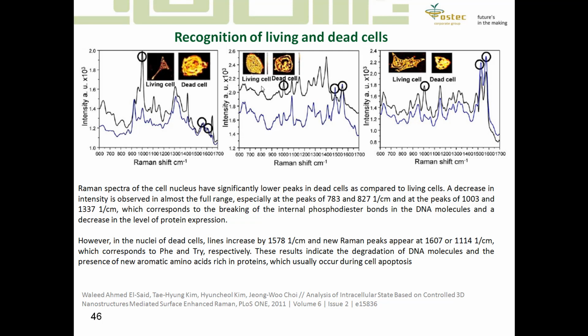In this paper, living cells and dead cells were identified, and the apoptosis process in such cells was also monitored. Some peaks appeared when the cells were still alive, and some new peaks appeared when they were dying, when the process of apoptosis occurred.